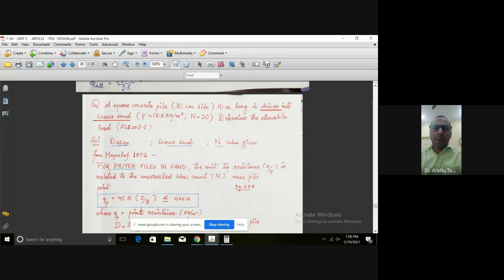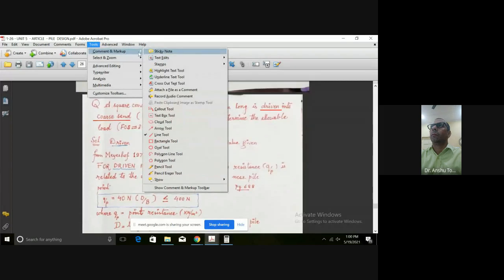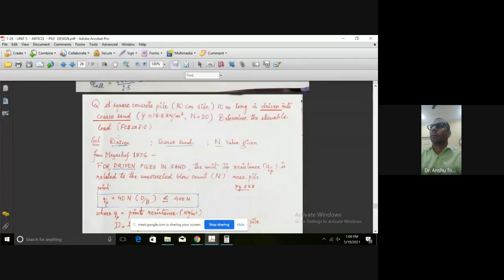It is a driven pile, driven into coarse sand, and the N value is given to us.